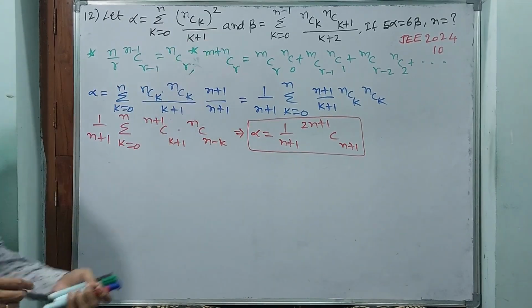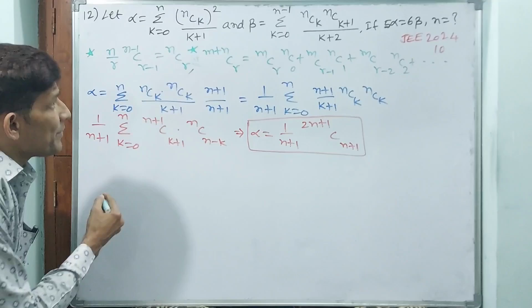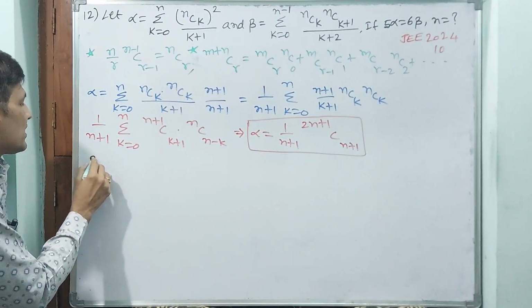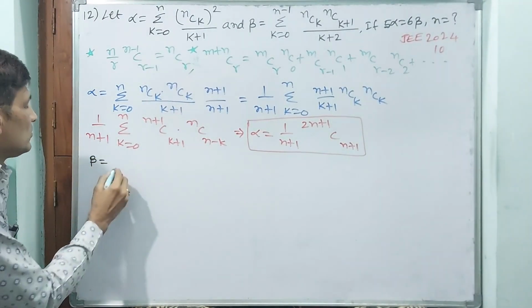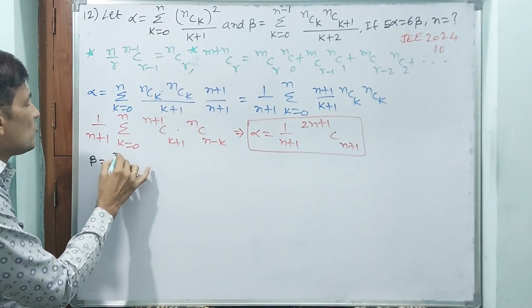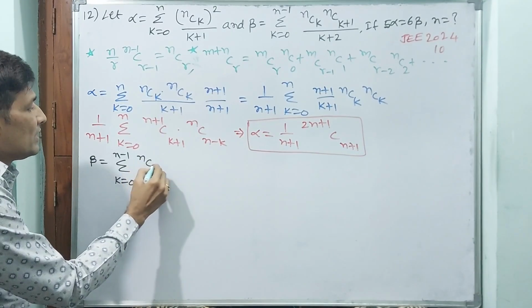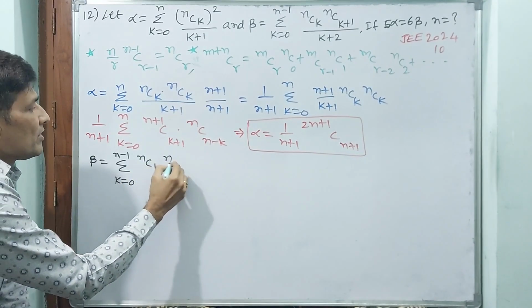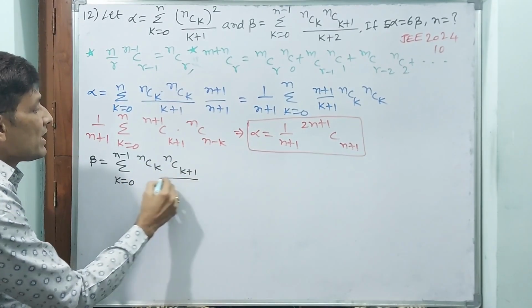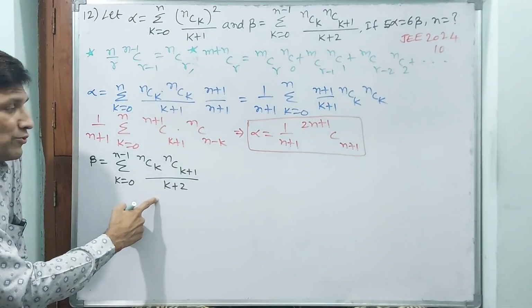Like this again I am finalizing the beta value also. Observe how I am finalizing here also. Okay, now let me write this beta. Beta is equal to sigma k is equal to 0 to n minus 1, nCk plus 1 by k plus 2. Here again k plus 2 is giving some hint to me.